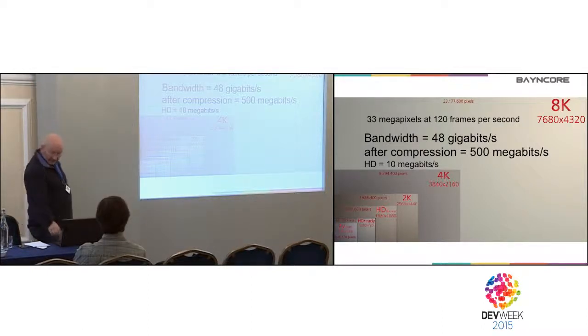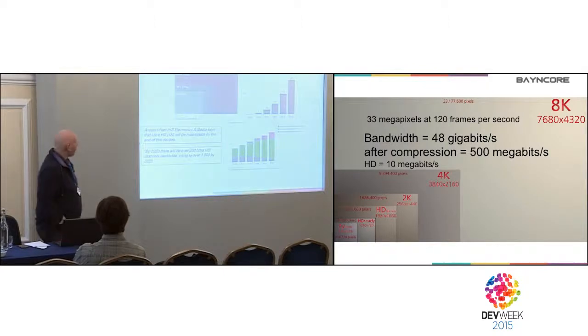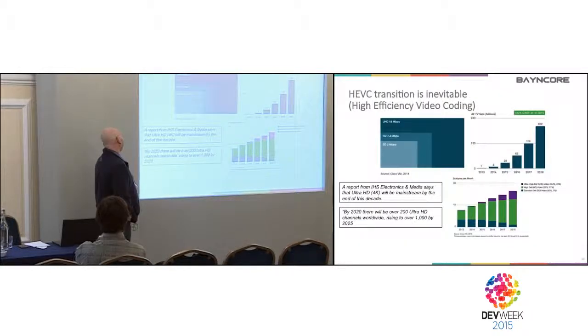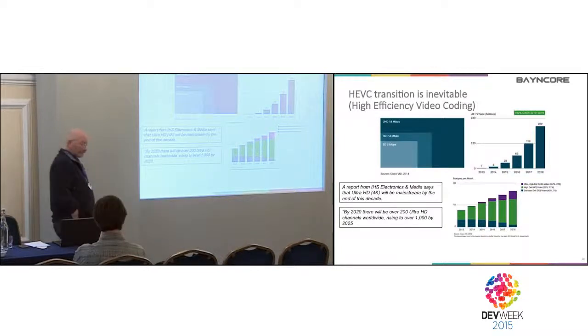But there are also those that say that by 2020, we will actually have ultra-high-definition channels worldwide, and they'll rise from roughly 200 to 1,000 by 2025. Okay, that's quite an expectation, to say the least.